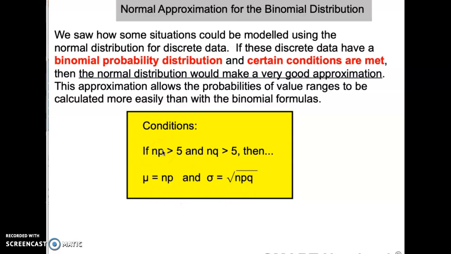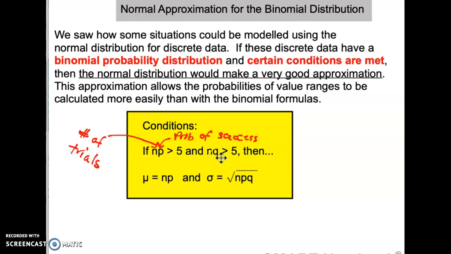So the first one is that n times p has to be greater than 5. And remember, n stands for number of trials, and p is the probability of success. And then n times q also has to be greater than 5.